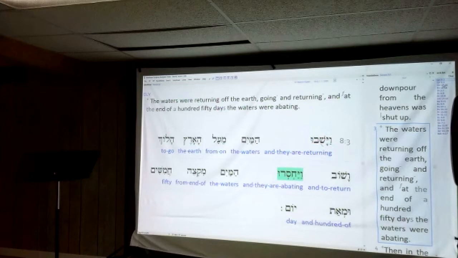Okay, and you have the word shuv here, which is a two-letter root, and shuv is to return, to turn around, where we get the word teshuva. Teshuva is returning. It's been translated as repentance, but that's a real weak translation of it. It's a returning.